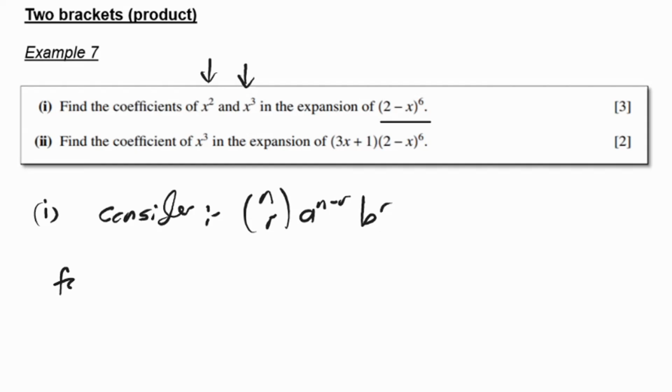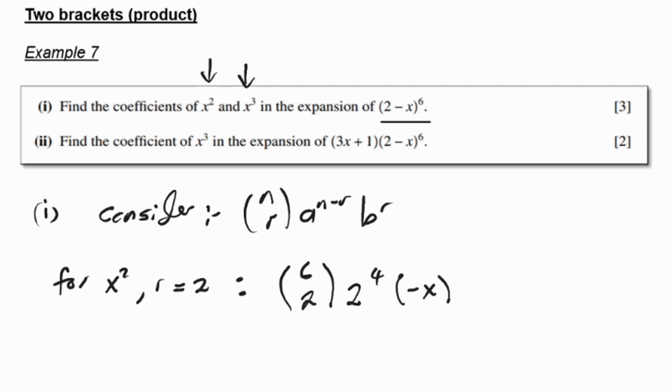So we know that for the term in x squared, r is equal to 2 in this particular case. So this is going to be 6 choose 2 of a. A is the first number in the pair, so that's 2 to the power 6 minus 2, which is 4, and that's of negative x to the power of 2.